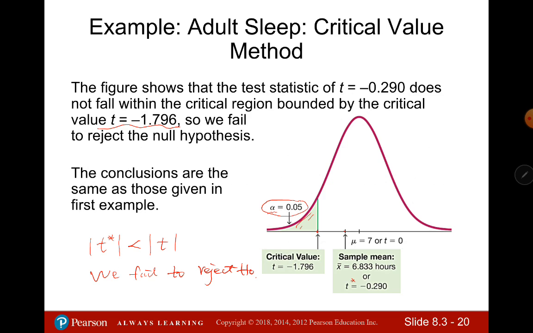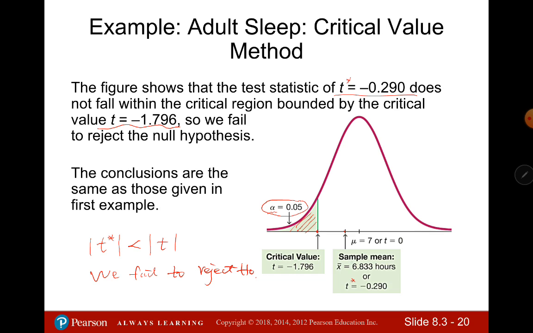So after we have our critical value and we know the test statistic, we could use these to draw the conclusion. If you check the rejection region, you will find the position of your test statistic is here, and the critical value is right here.